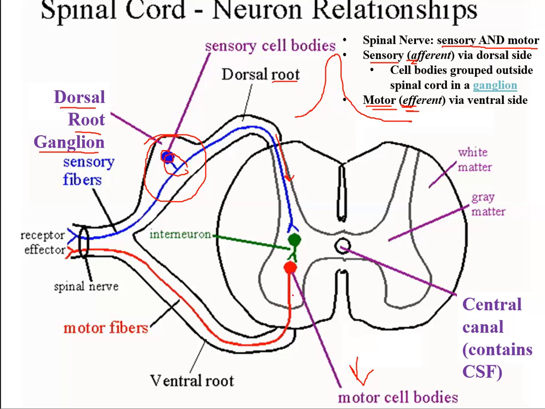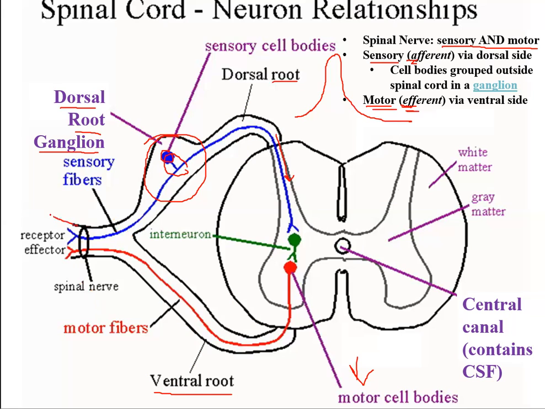That is important. Note that motor fibers, or motor neurons, efferent neurons, are going to exit out the spinal cord on the opposite side from the sensory neurons. These are going to exit and be bundled together to form the ventral root, the belly side root. Ultimately, the dorsal root and the ventral root join together to form the spinal nerve.